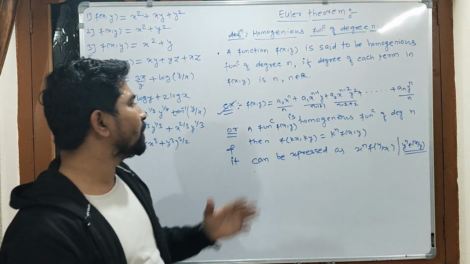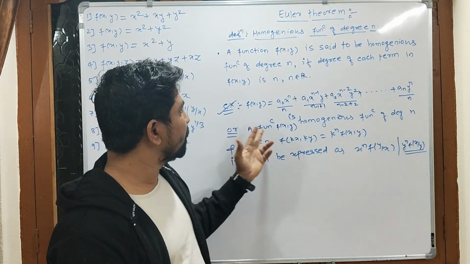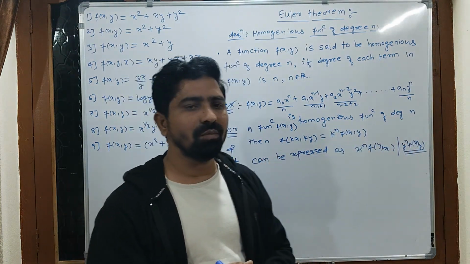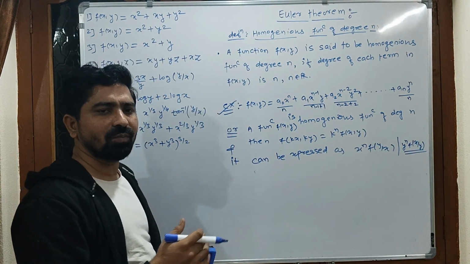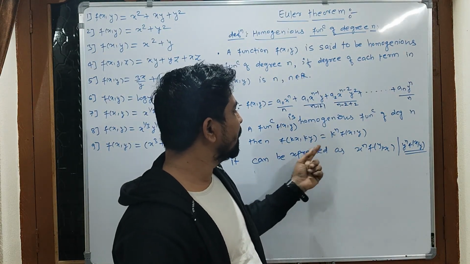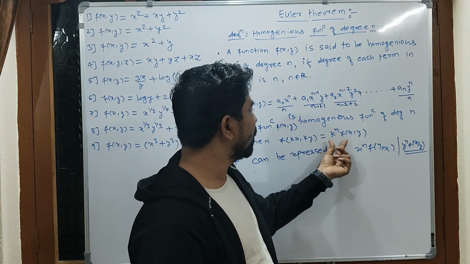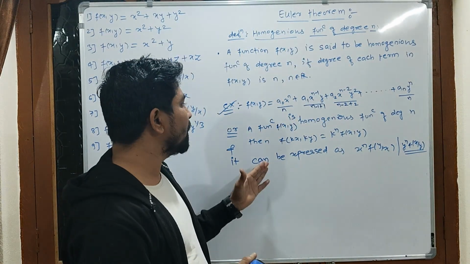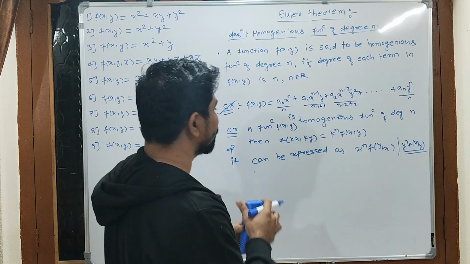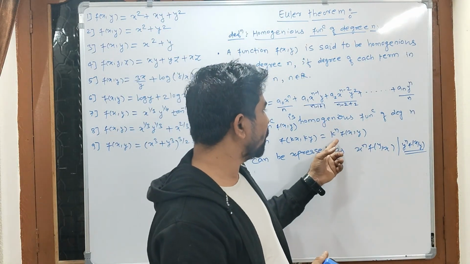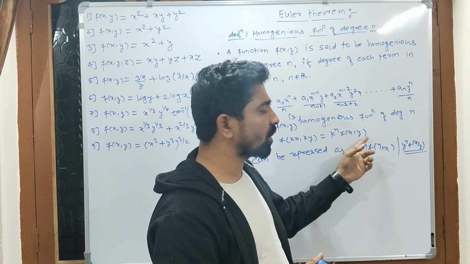Now, another definition. If a function f of x comma y is a homogeneous function of degree n, then we can replace x by kx and y by ky, and f of kx comma ky equals k to the power n times f of x comma y. In terms of three variables, f of kx comma ky comma kz equals k to the power n times f of x comma y comma z.